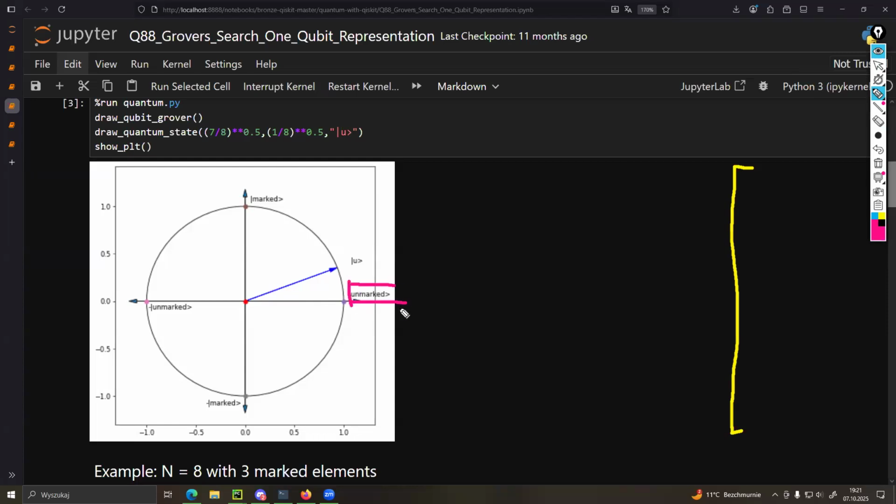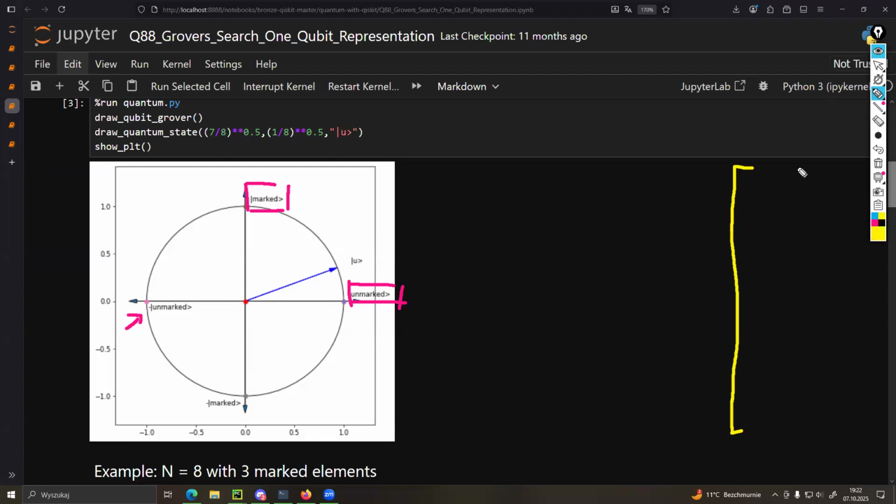This would be our unmarked state, and this would be our marked state. Notice that we could also represent a global phase like this, because we still are in the quantum realm, and because of that, we could mark a minus marked and minus unmarked.